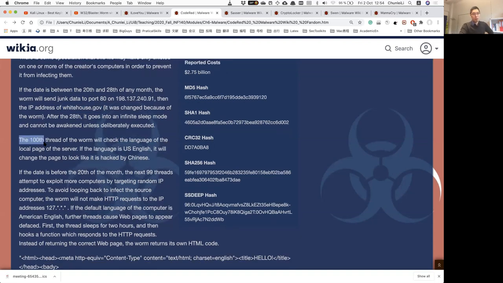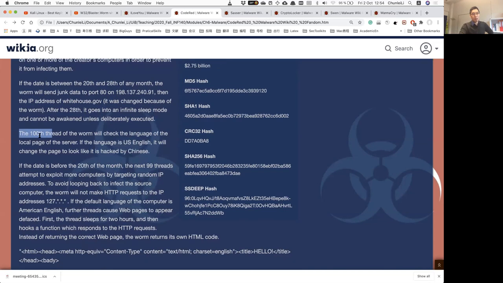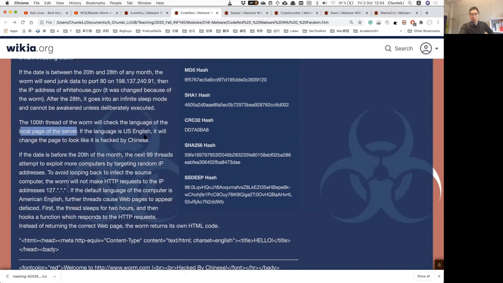For this, the 100th thread of the worm will check the language of the local page of the server. If the language is US English, then it will change the page to look like it was hacked by Chinese.